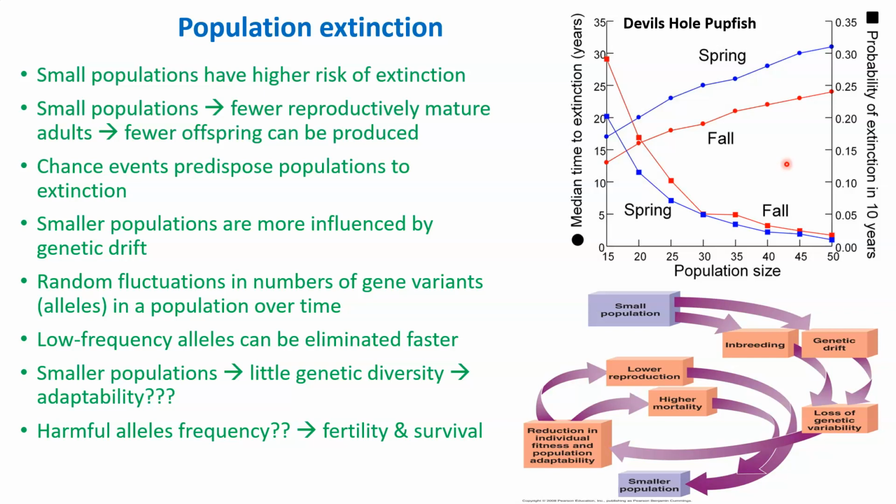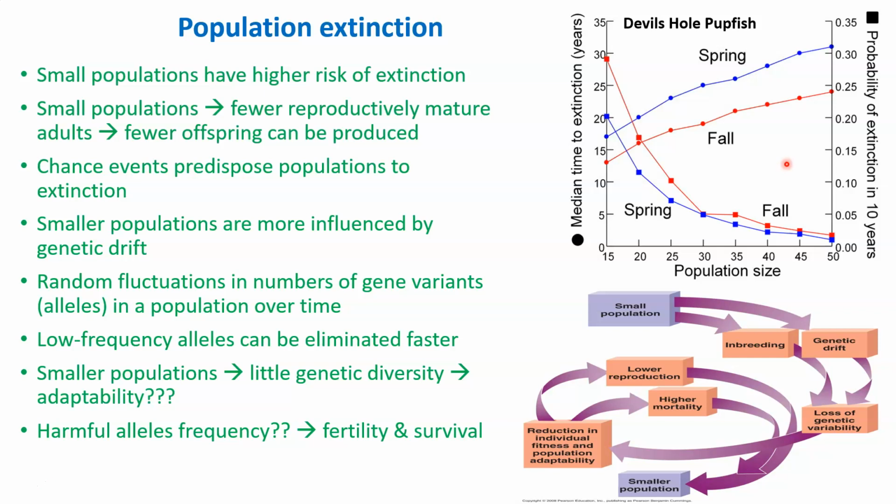And also think about what happens to harmful alleles, right? Those lethal alleles in a given population. Well, by random dumb luck, if the population size is smaller and undergoing genetic drift, then that population will also accumulate a greater frequency of harmful alleles, right?